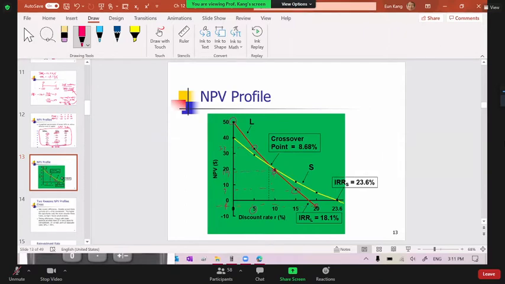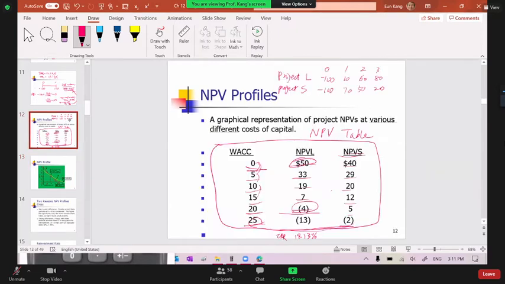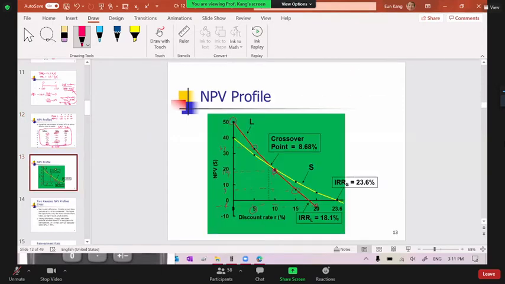That's how to draw a net present value profile. And in this case, you have two projects. Don't draw them on separate graphs. You draw them together like this. So you draw the net present value profile of S on the same graph, and that is yellow, right? 40 and this one, and this one, this one, this one.